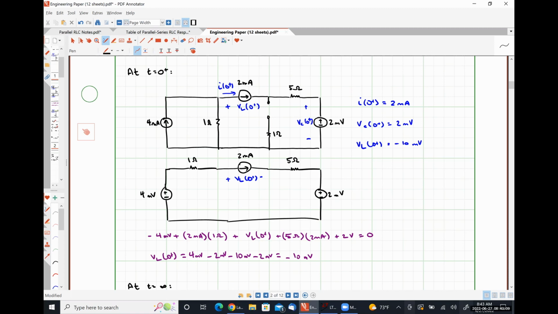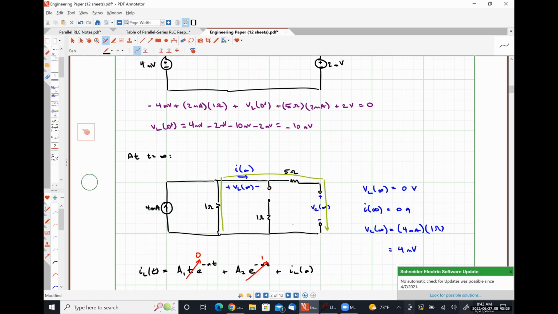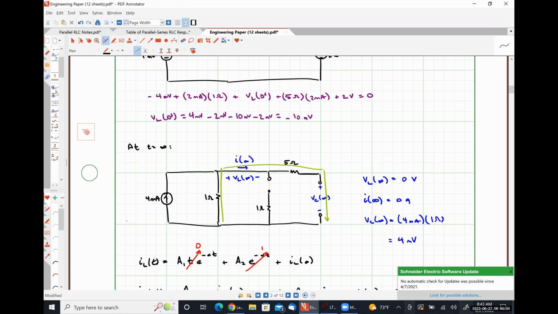So that sign changed correctly, that sign changed correctly, that sign changed correctly, that sign changed correctly. 4 minus 2 is 0, minus 10 is -10 millivolts, okay? T is equal to infinity. We have this circuit.